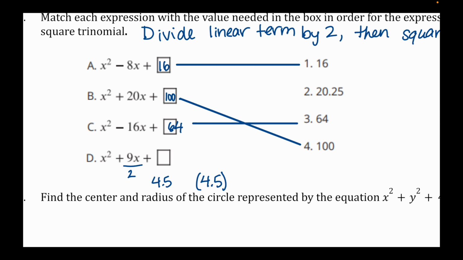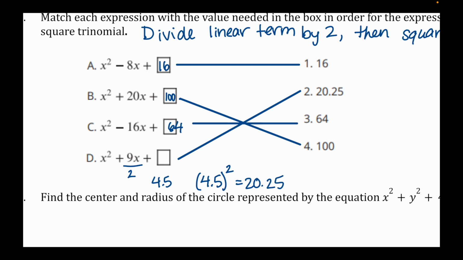Because it's not a whole number, I imagine it won't give me a whole number when I square it either. 4.5 times 4.5, and if you want to double check, yes, it gives you 20.25. So this one matches up with number 2. Not too bad so far, just some matching.